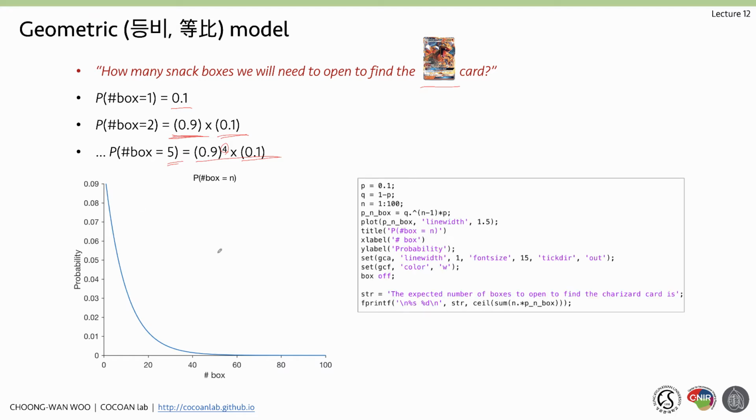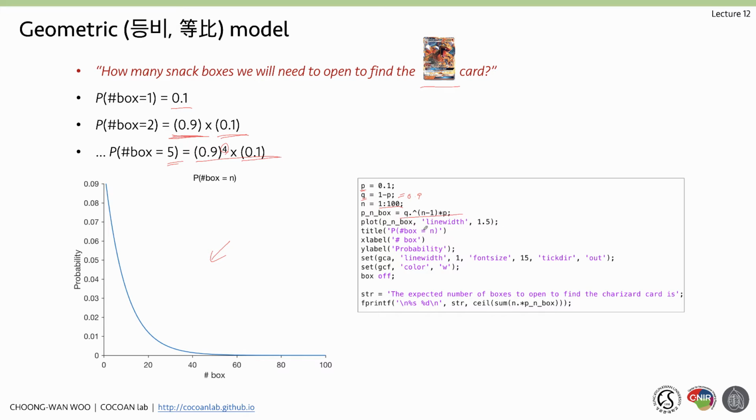And actually I made this plot using this MATLAB code. I used MATLAB because I'm most familiar with it. And here the probability P is 0.1 and Q is 1 minus P, so equals 0.9. I assume that there are 100 different cases. The probability of getting the success card in the nth box can be expressed like this.